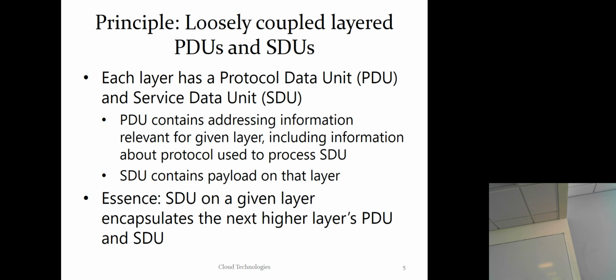But if you were to use a real world metaphor when you talk about PDU and SDU, as opposed to the specifics, because you are pretty deep in the weeds already, what would be a good metaphor in real life that represents SDU and PDU? A box. Put a box inside a box, inside a box, inside a box. Yeah.